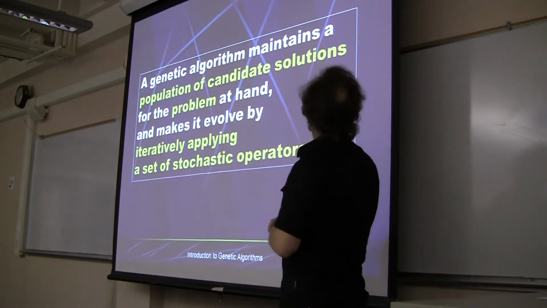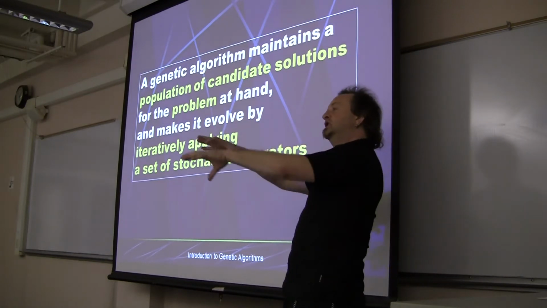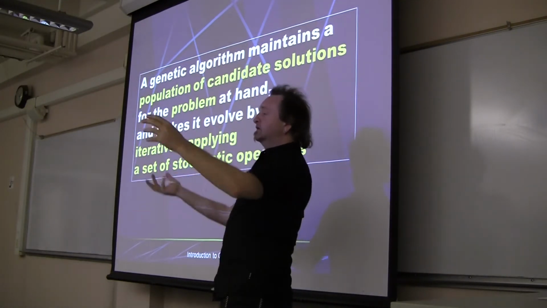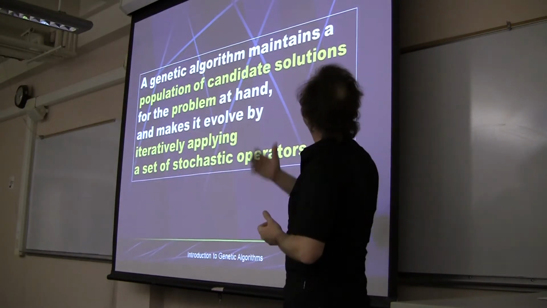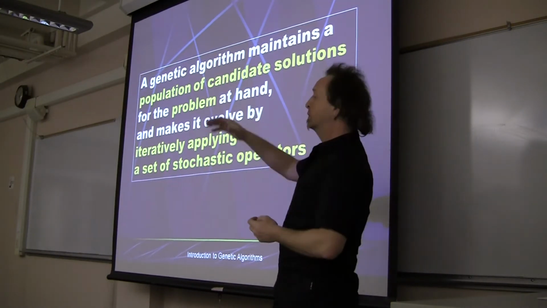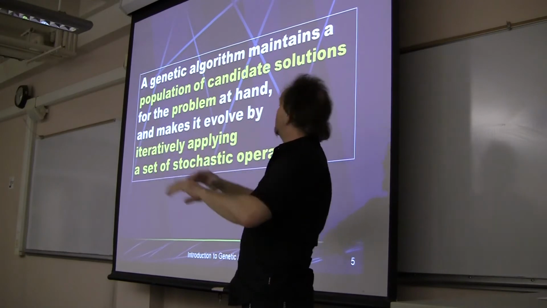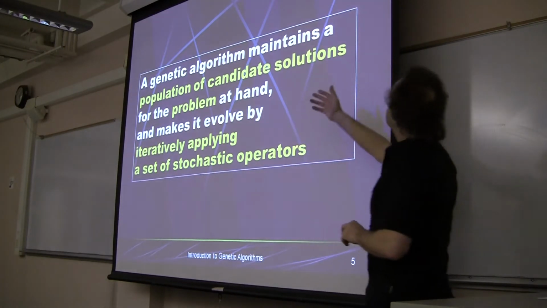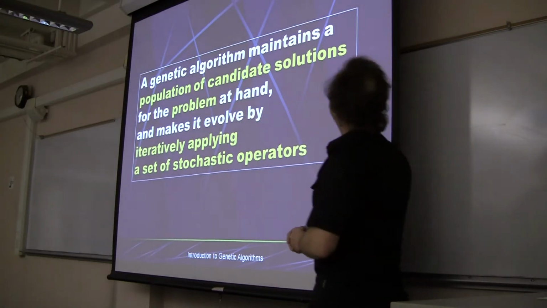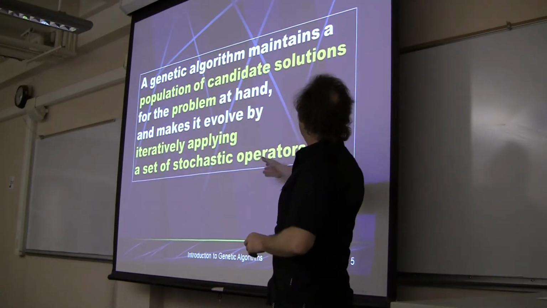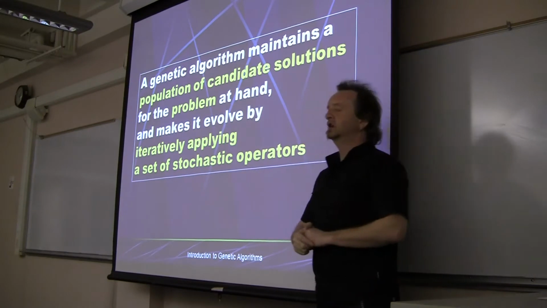This population breeds with each other, and the ones that are better adapted to the environment tend to have a better chance of survival, and the ones that are weaker probably die out. And so we do the same thing. We generate a population of solutions to the problem, and we apply operators to it.